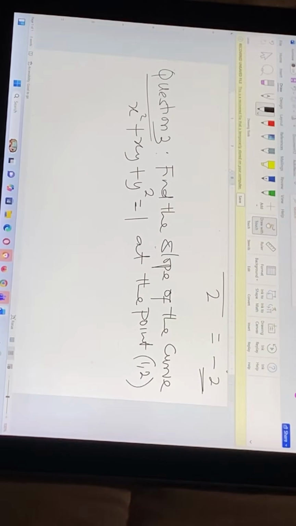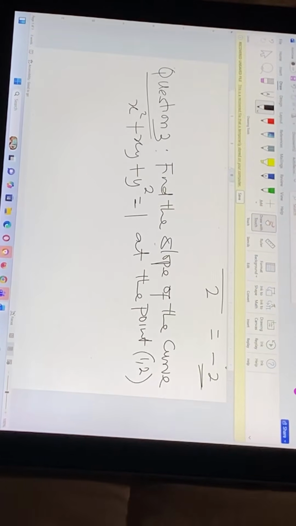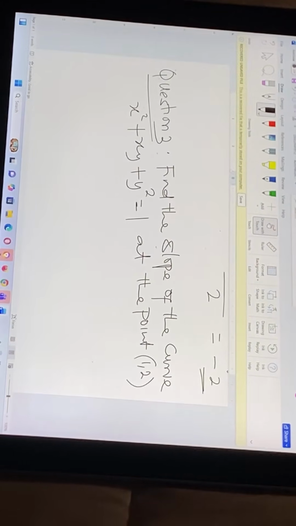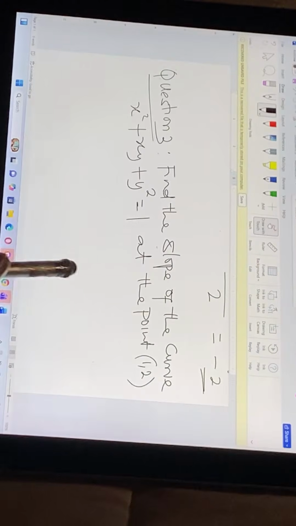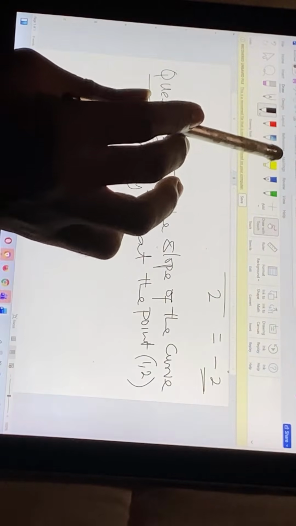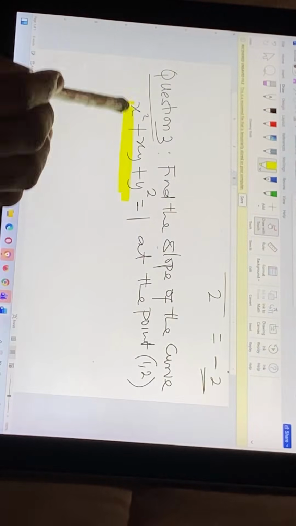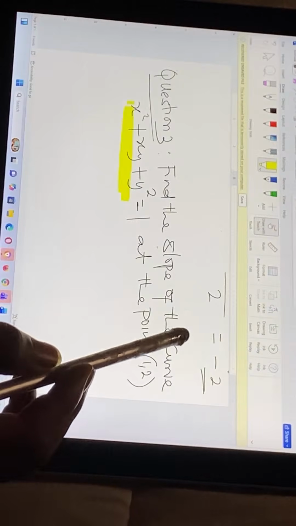This particular implicit function here, its slope is right here.